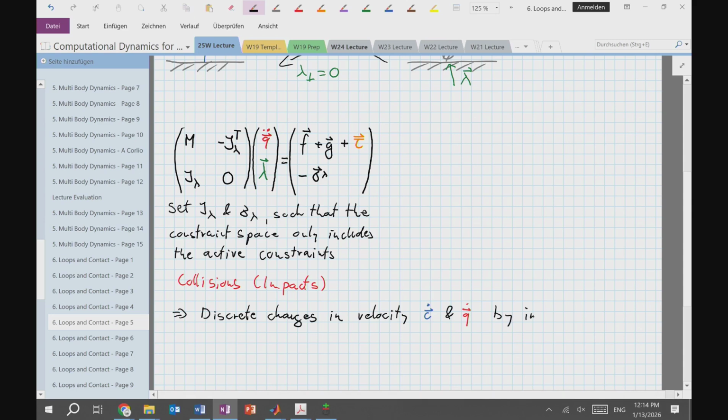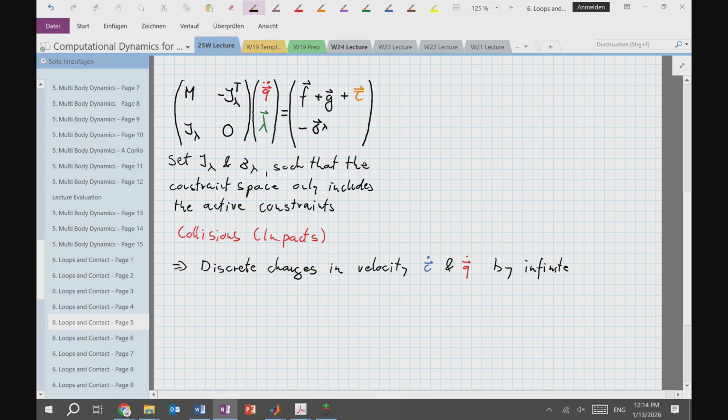And this happens by infinite accelerations. So our C double dot becomes infinite. Our Q double dot becomes infinite.